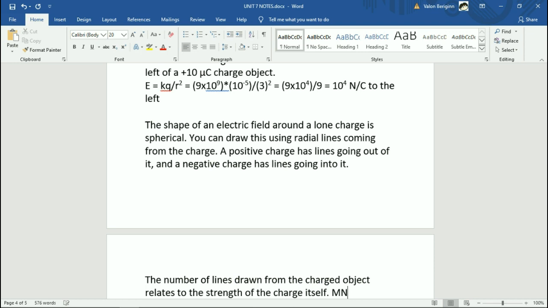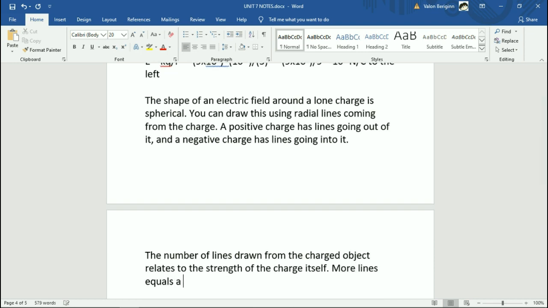So more lines equals a greater charge. And by greater, I mean in an absolute value sense, right? If I have a negative 10 microcoulomb charge versus a negative 20, the negative 20 is going to have more lines going into it.